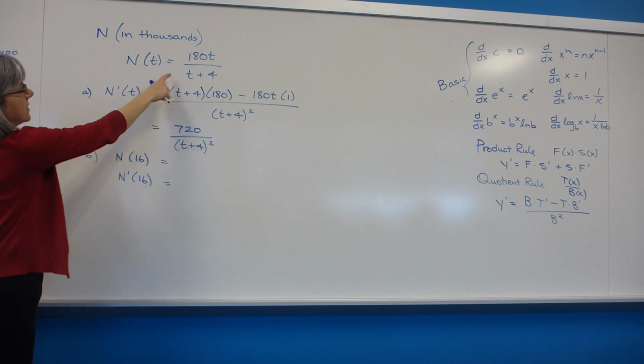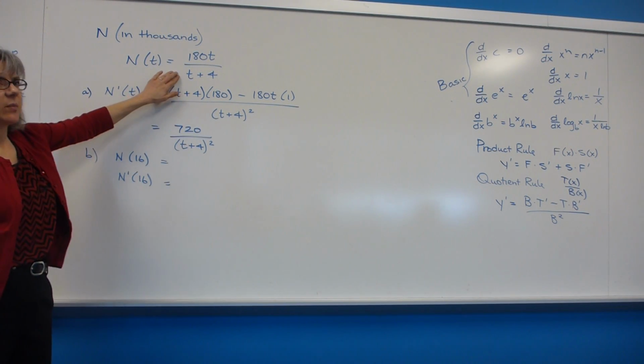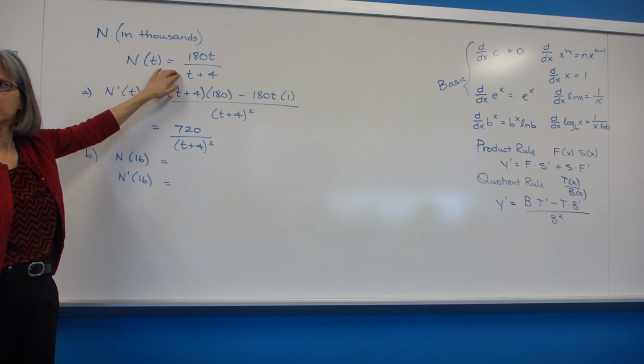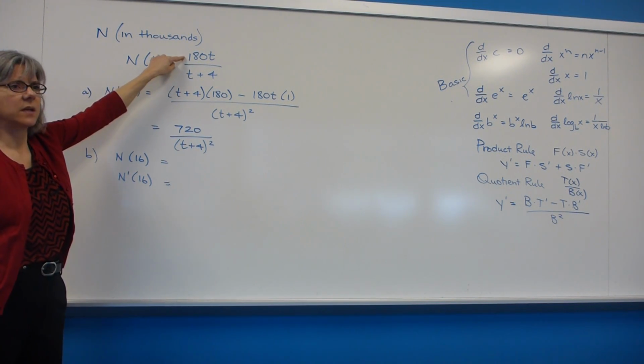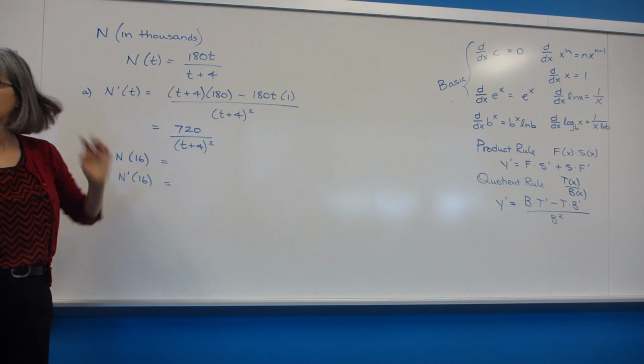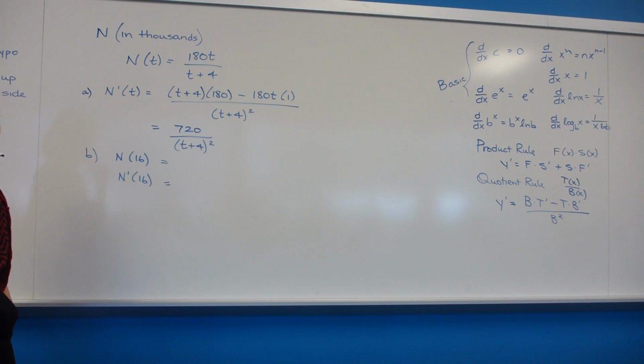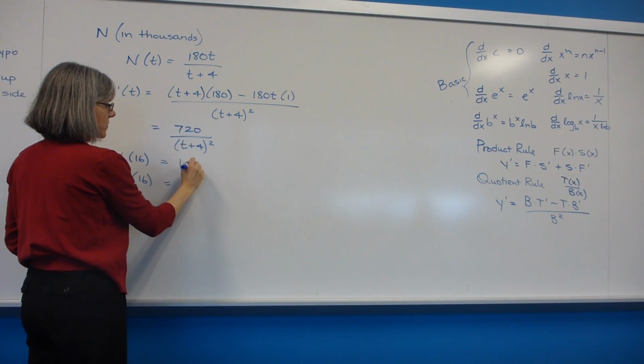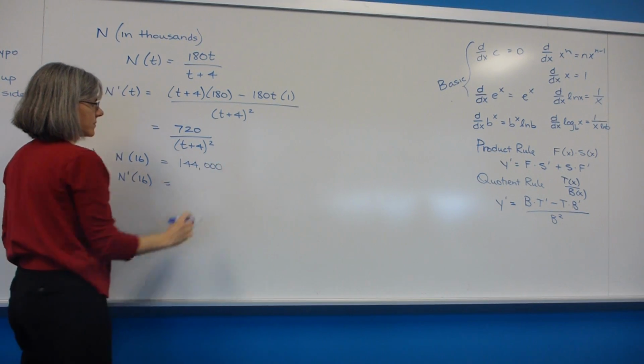So n of 16, you divide by 20, right? That'd be 20. So 9 times 16, you do it on a calculator, I'll do it in my head. 10 times 16, 160, minus 16, 144. I'm getting 144,000.